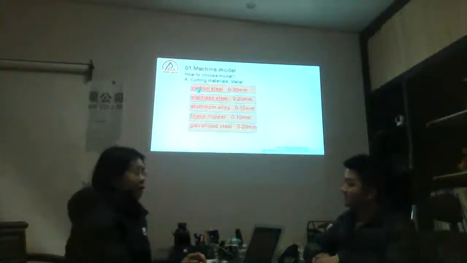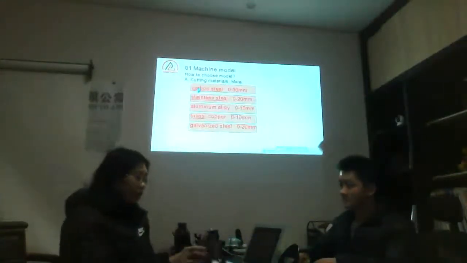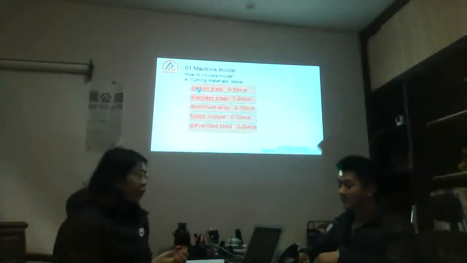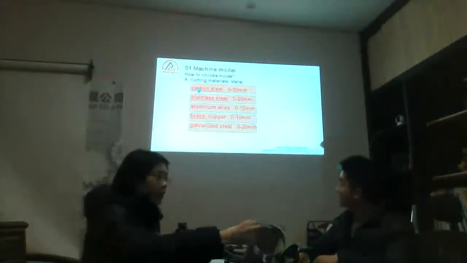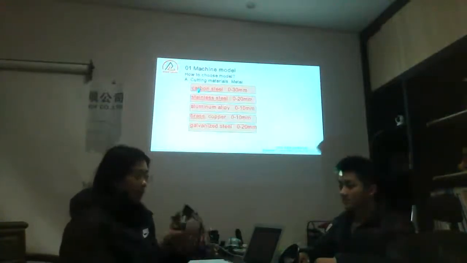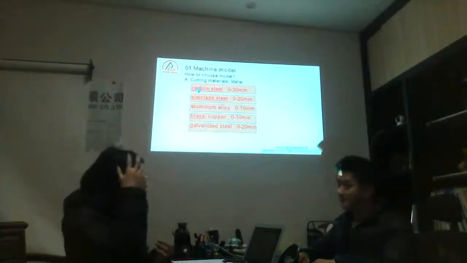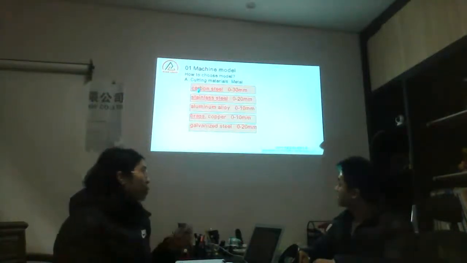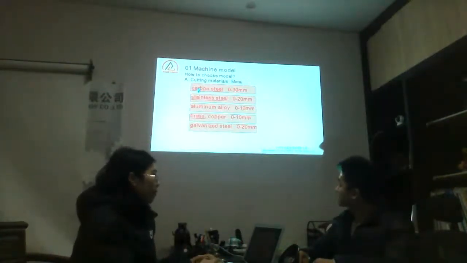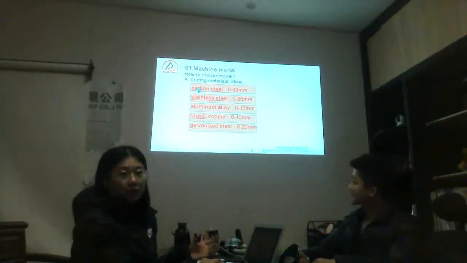The next is stainless steel. And the next one is aluminum, but here we do not have aluminum materials; maybe our friends have this. And the fourth one is brass or copper. And every different material comes with different thicknesses.